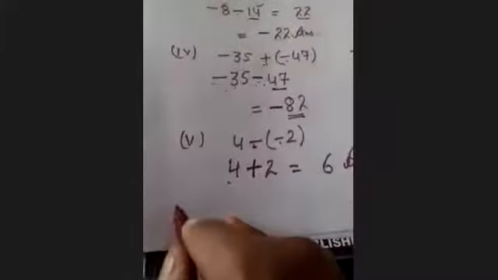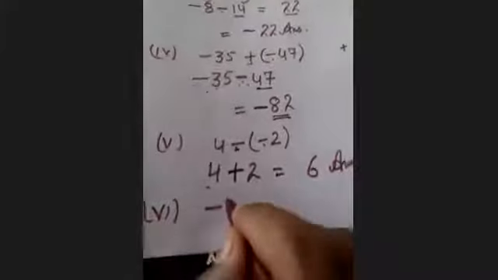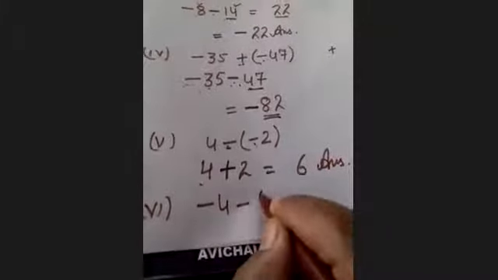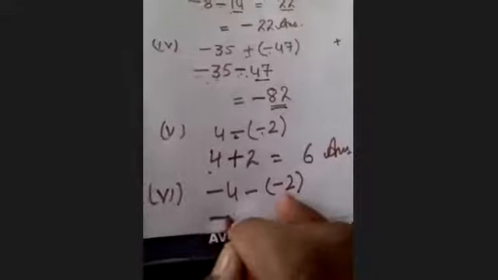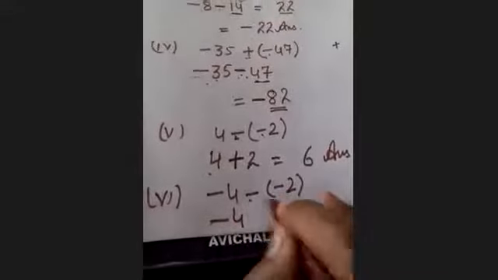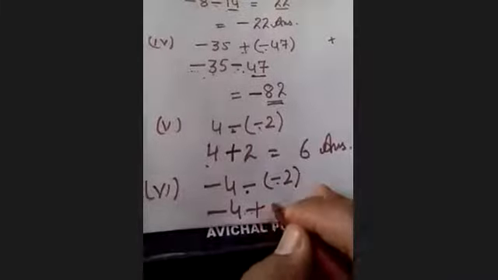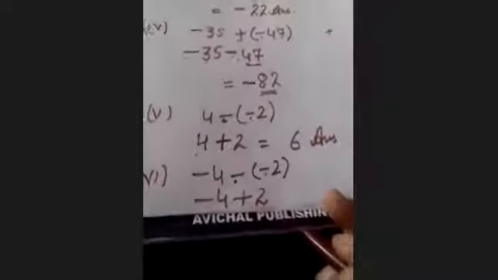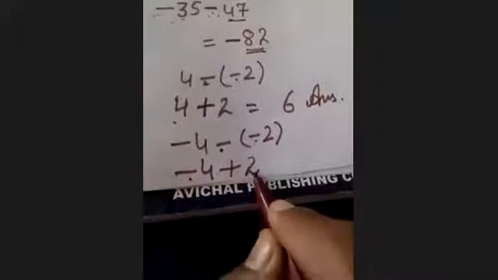Clear, students? Next, -4 minus -2. First write it as it is, -4, then minus minus is plus. Now we have a first negative integer and a second positive.